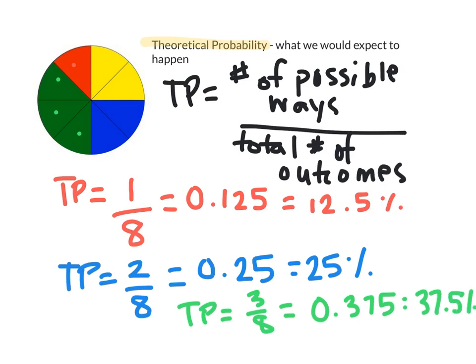Hopefully this brings back what theoretical probability is. We can use theoretical probability to make predictions. So we might ask what color you are most likely to land on or least likely to land on. You can prove it using the math.